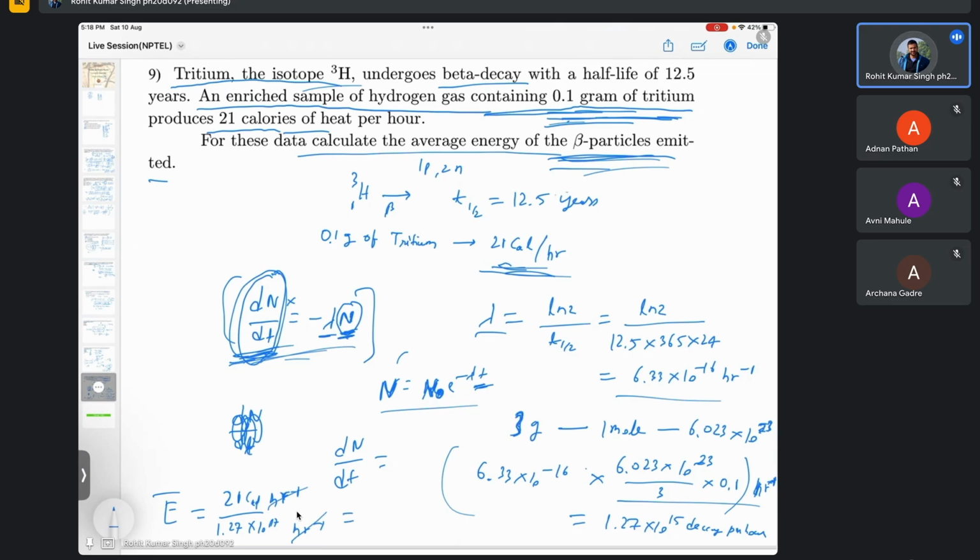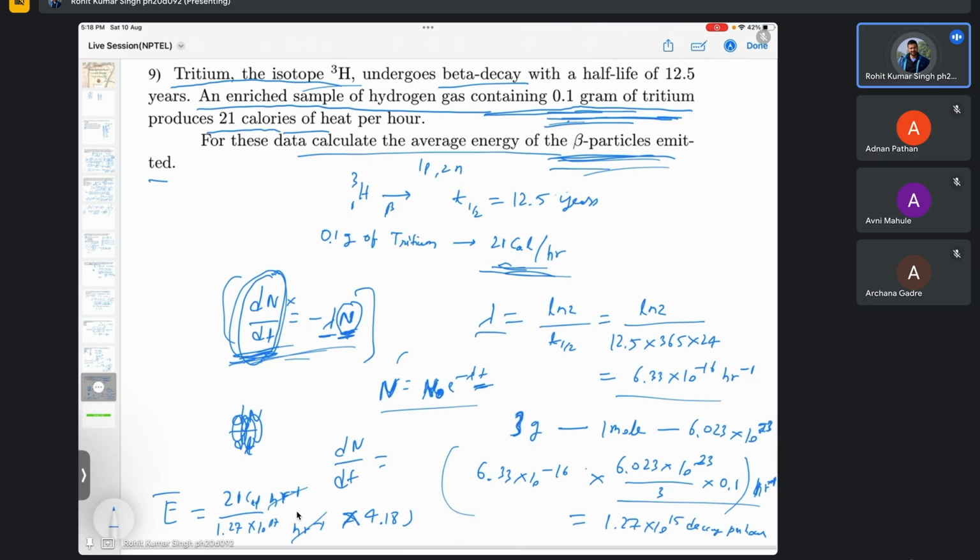You can convert calorie into joule by multiplying it with 4.18. So this will give you joule.